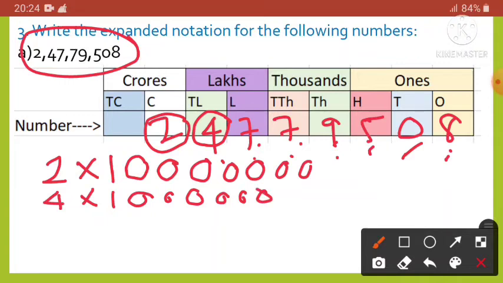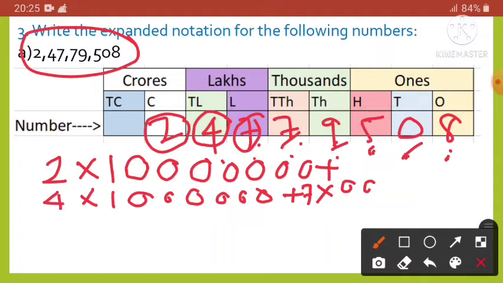Okay, here you have to write the plus sign, then here also the plus sign, and then 7. So write 7 and into how many zeros? Here 7 is under lakh. So how many zeros will be there? 1, 2, 3, 4, 5.